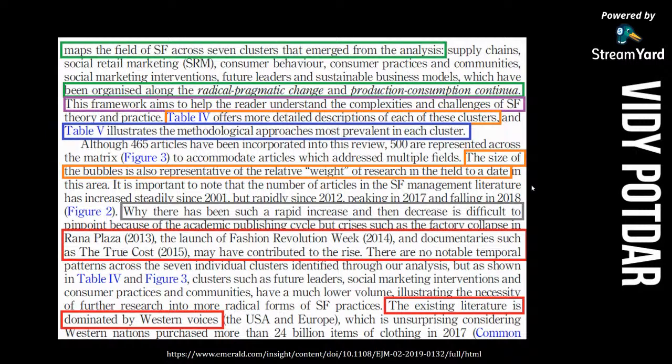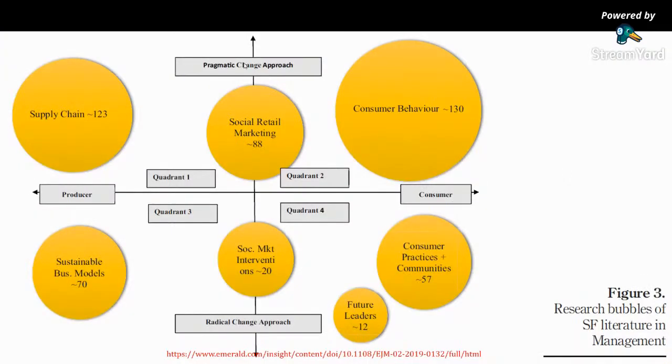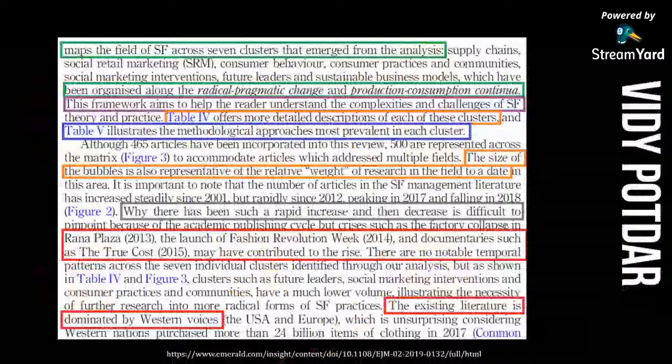It has been organized along a radical-pragmatic change and production-consumption continuum. So pragmatic change versus radical change, producer versus consumer. That is the 4-quadrant structure that they have come up with to categorize their literature.